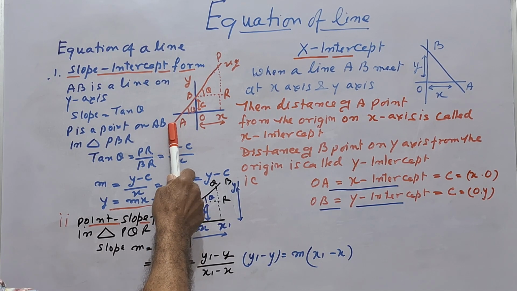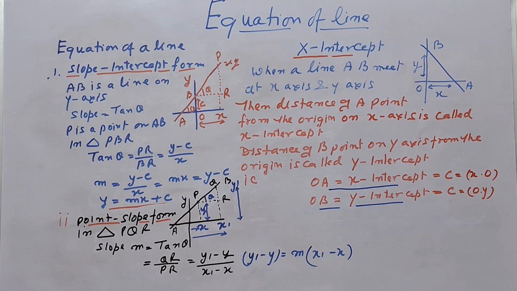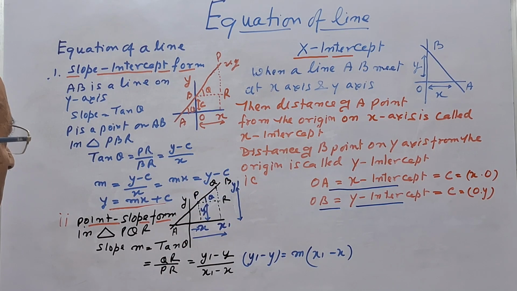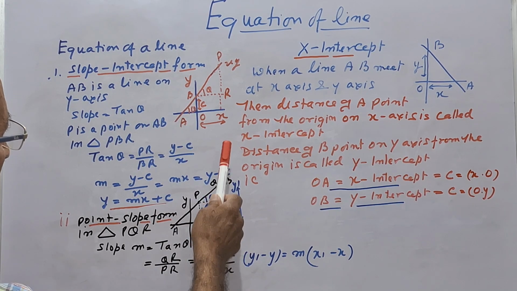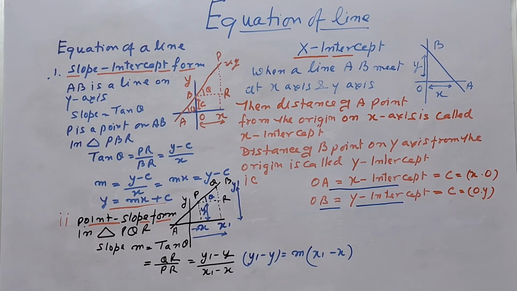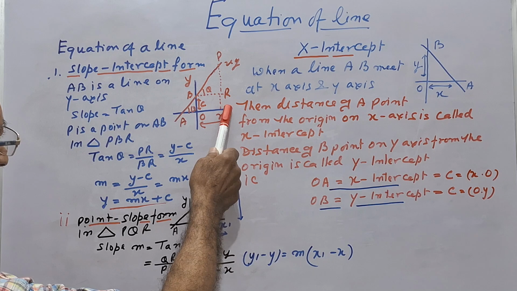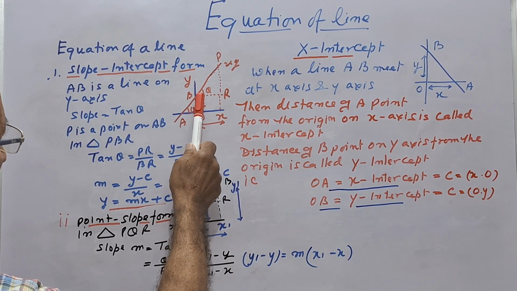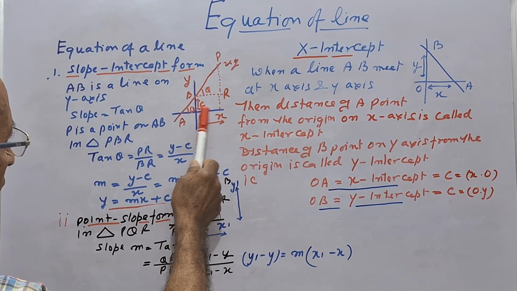Suppose AB is a straight line cutting the y-axis, then BO, that is the intercept, is represented by C. Now take any point P on the straight line. From P, draw a perpendicular on the x-axis, and from the B point, draw a parallel BR to the x-axis.